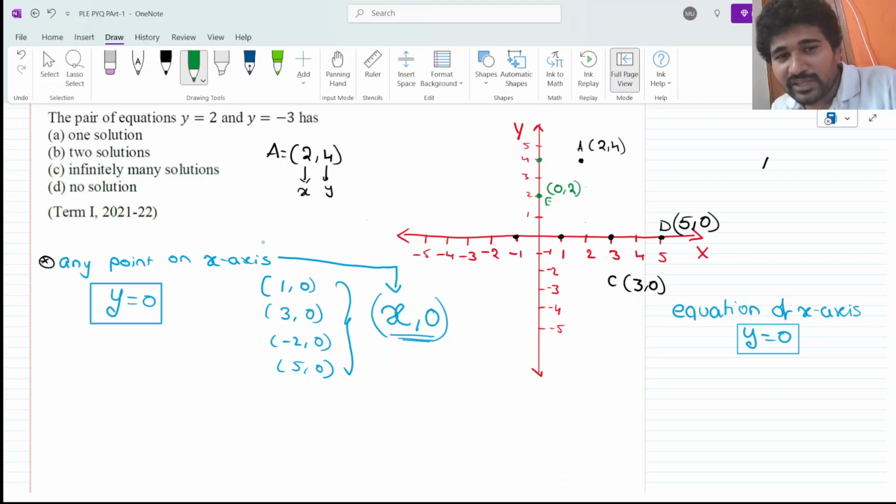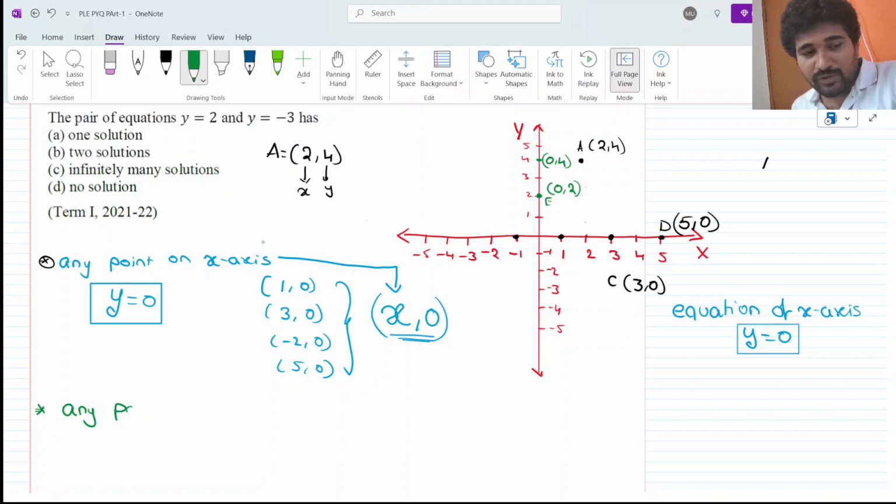If I choose another point, what will I get? 0, 4. Then any point on the y-axis, how will you represent? 0, y.